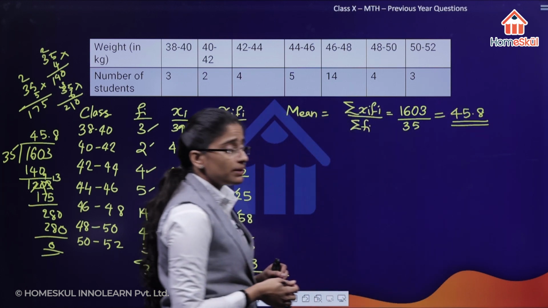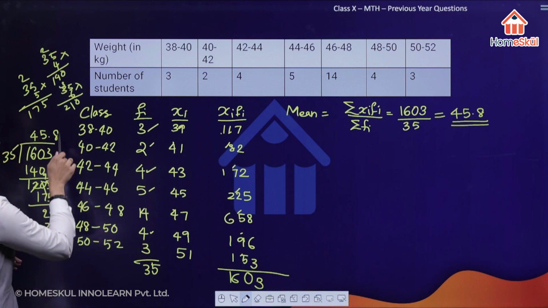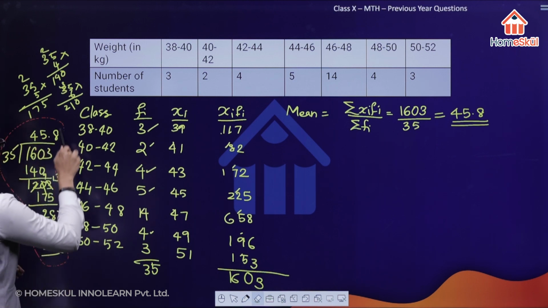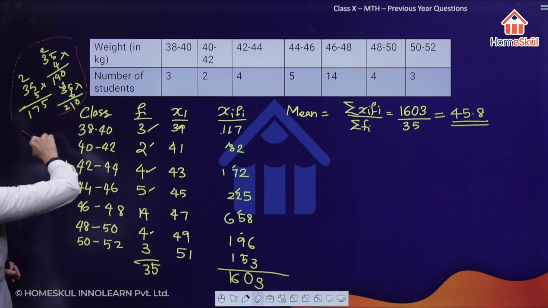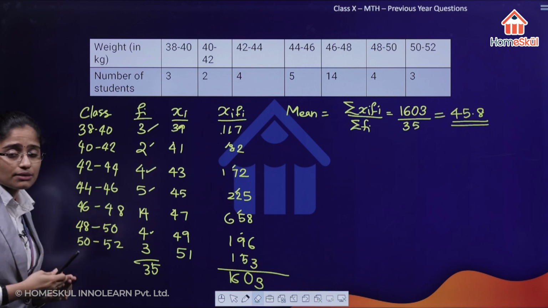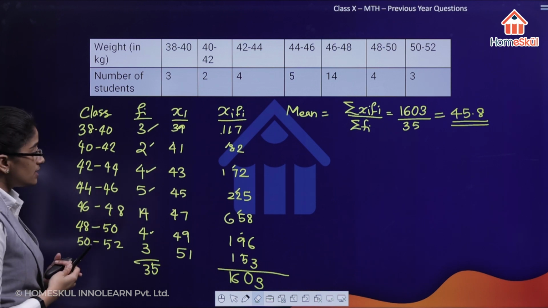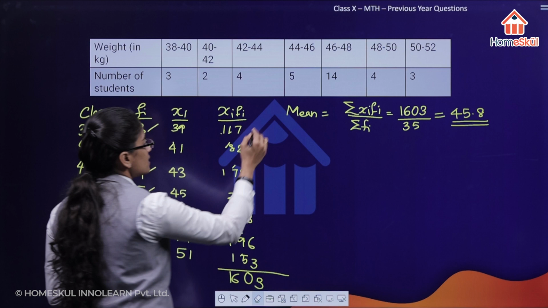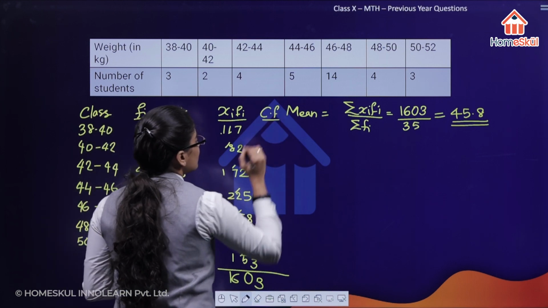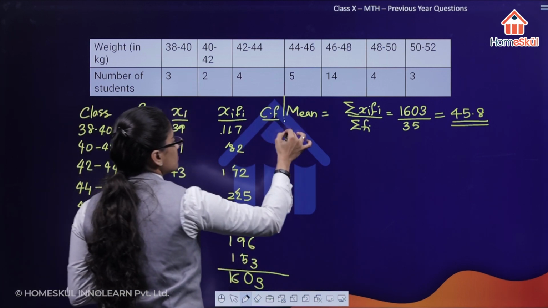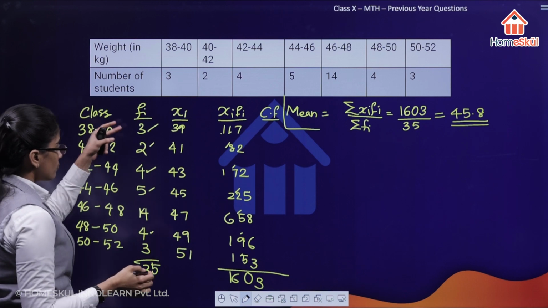Is the question complete? No. We need to find out the median and mode also. To find out the median, there is a median class, and a cumulative frequency table is required, isn't it? So we will find the cumulative frequency table.